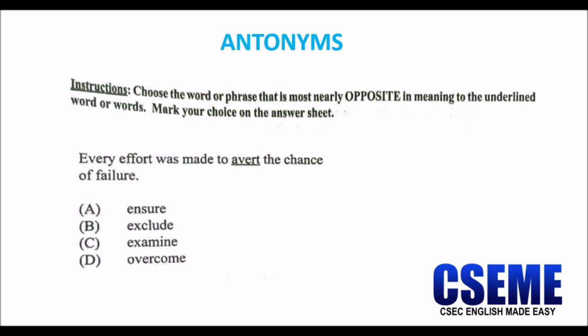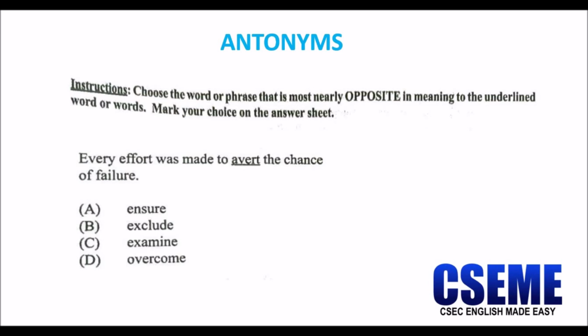All right, so I would exclude overcome and examine, right? Because they're not nearly opposite in my opinion. And then I would be left with A and B. And from A and B, remember, every effort was made to exclude the chance of failure.